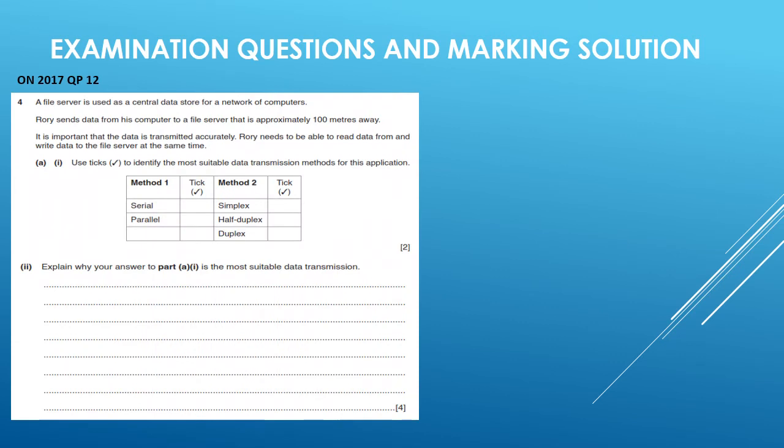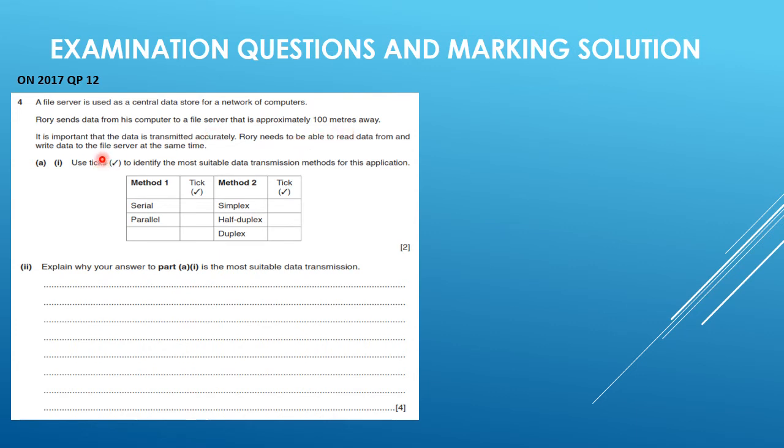Now let's take another example. This is question number 4. I have taken it from the October-November 2017 paper, question variant 1-2. The statement is, a file server is used as a central data store for a network of computers. Rory sends data from his computer to a file server that is approximately 100 meters away.